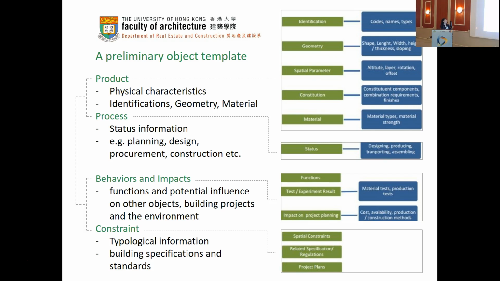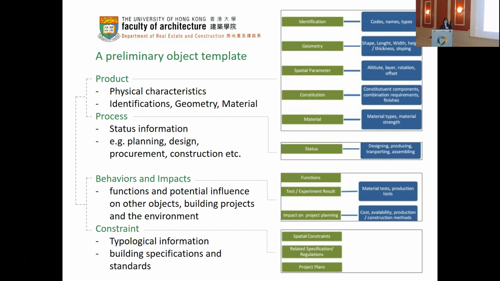So the third and fourth parameters are actually the impacts, the relationship between the objects and the environment. For example, the behavior and impacts describes the function and potential influence on other objects exerted by a BIM object. And the constraint actually describes the influence that the environment and objects have on the BIM object.